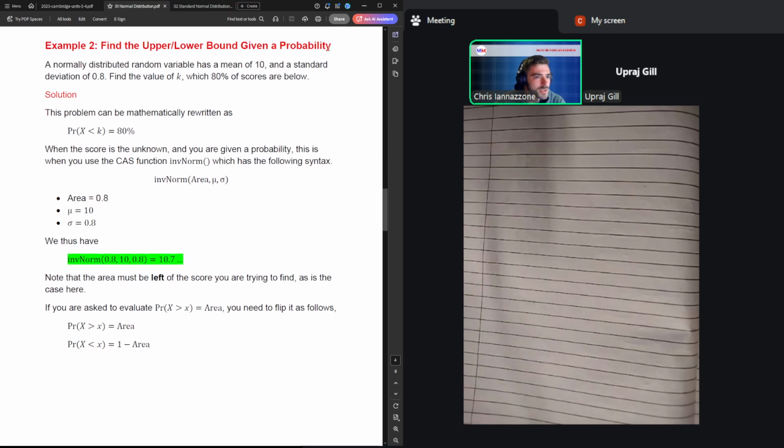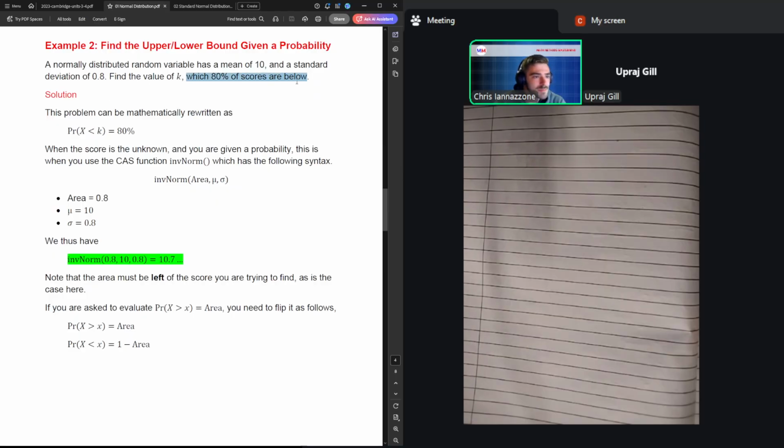The other kind of question that gets asked a decent amount is not necessarily finding probabilities, but finding a specific x value, something along the domain. Usually I'll call it k or maybe even z when we get into the standard normal distribution. The question will be worded something to the effect of, you have this mean, you have this standard deviation, and you'll be given a target probability.